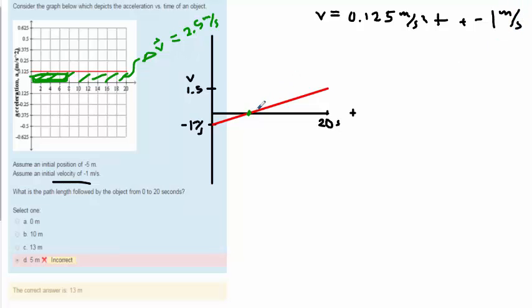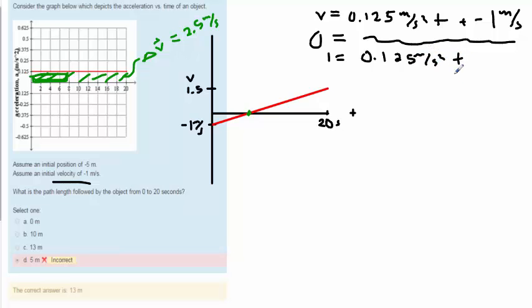And then I can plug in the condition that v equals 0, because I'm interested in finding the time that makes that true. So 0 equals all this junk. And then I can go ahead and do algebra. So I would add 1 to both sides. So 1 equals 0.125 meters per second squared times t. I apologize for the horrible handwriting. I'm doing this with the mouse. And then dividing by that we would get t equals 8 seconds.